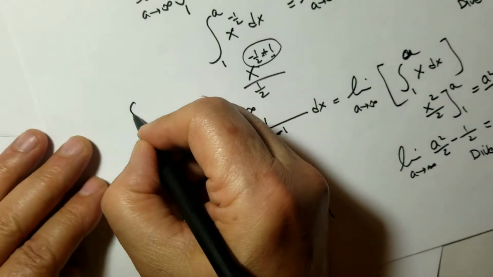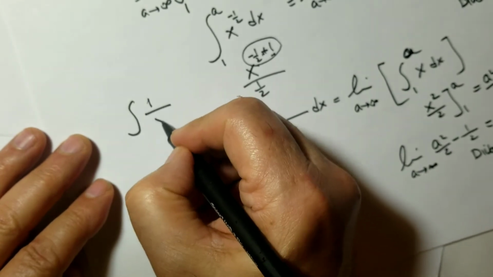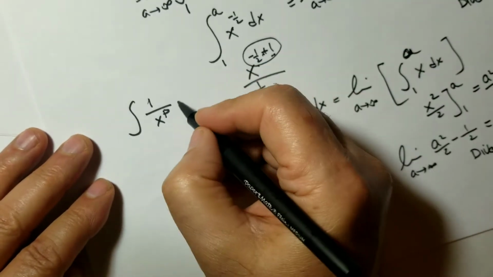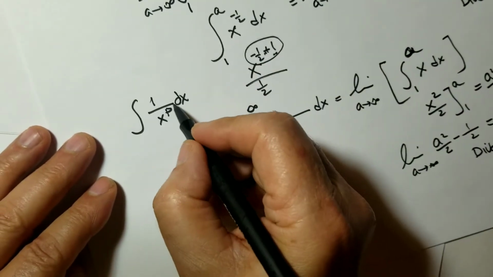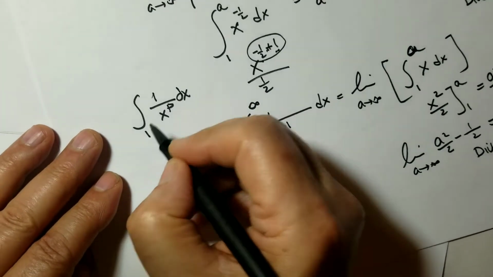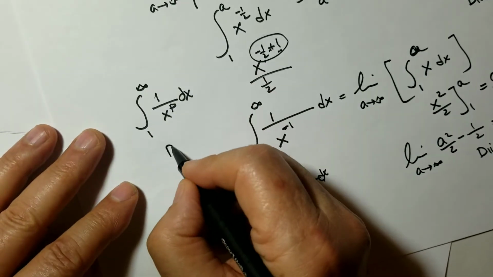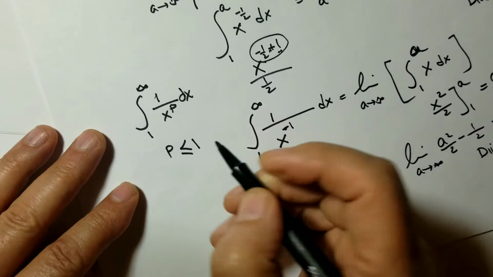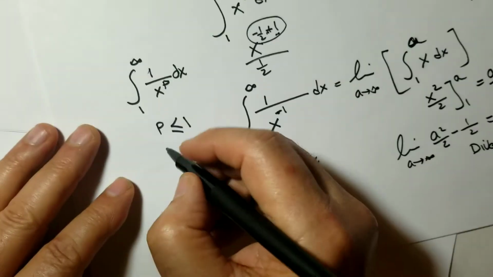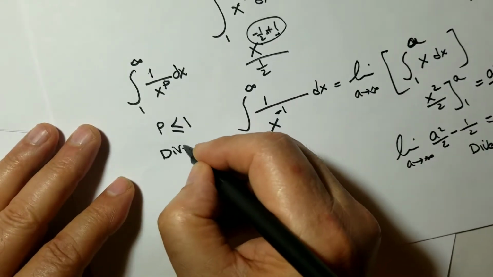Then from today, you have to know, if I put 1 over x to the power of p, dx, from 1 to infinity, if p is less than or equal to 1, you better know this is going to diverge.